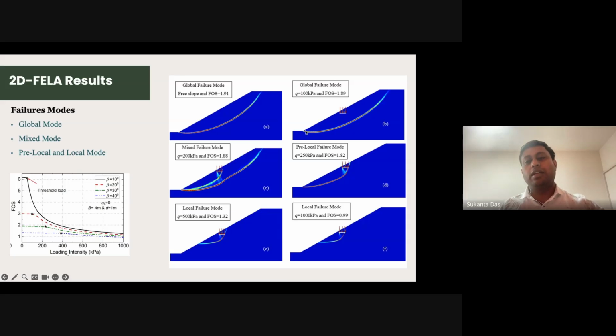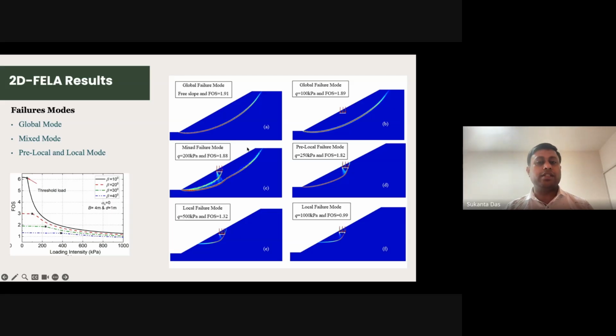But again the slip surface is still a toe failure. So in both cases you can see there is no change in the slip surface. Here we don't have any building loads, here you have very small building loads, but there is no change in the slip surface. So this is when the complete slope is getting influenced under gravitational load or whatever resistive load exists in the slope. So we call it a global failure mode. There is no influence of localized building loads.